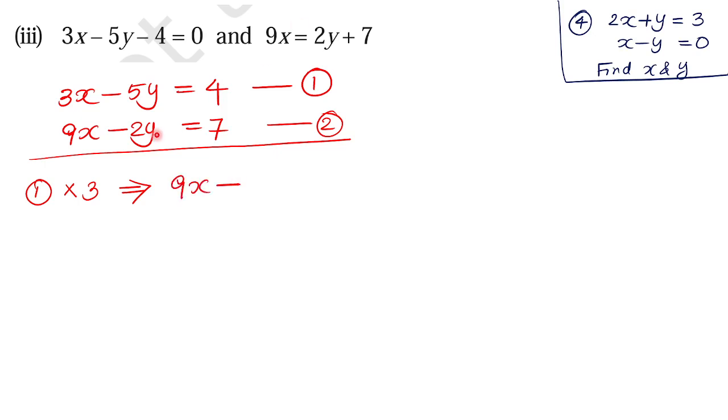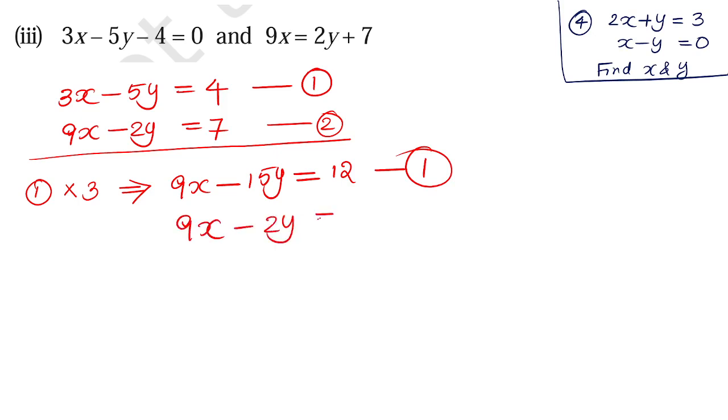Minus 3 into 5y, 3 into 5y will be 15y. Equal to 3 into 4 will be 12. This is the modified equation 1, or you can give the number as equation 3. Anyway, 1 is just modified. The second equation, no change, simply copying the second equation.